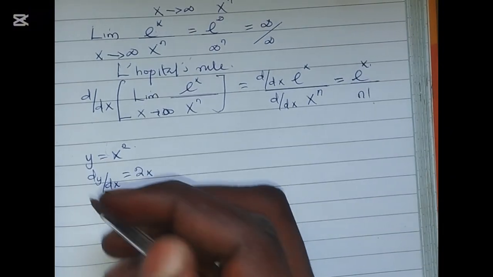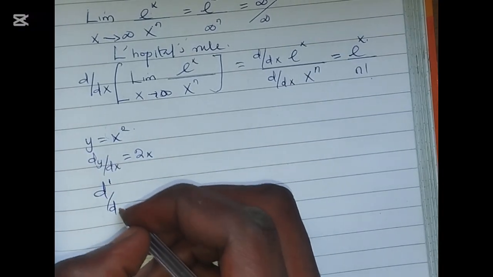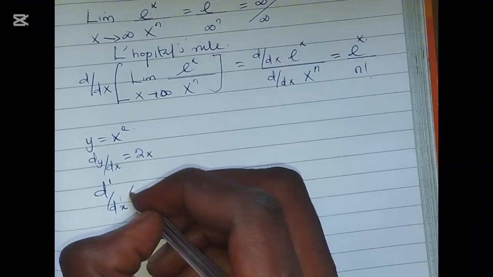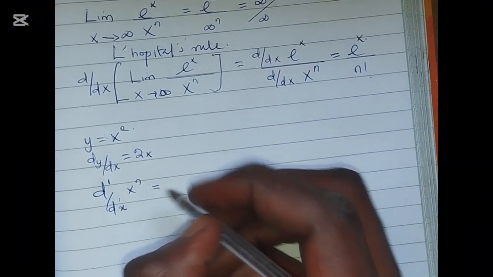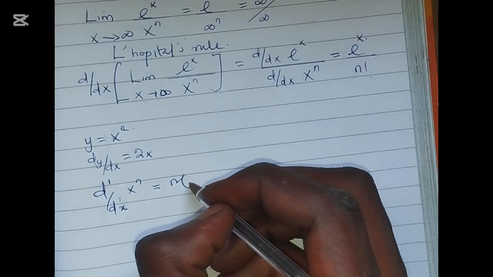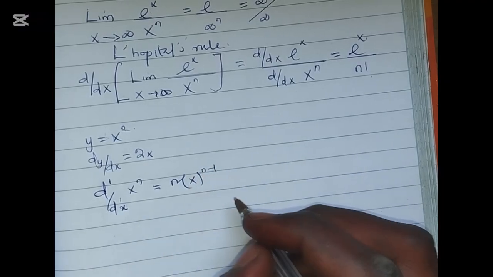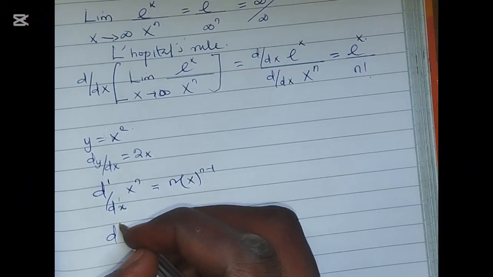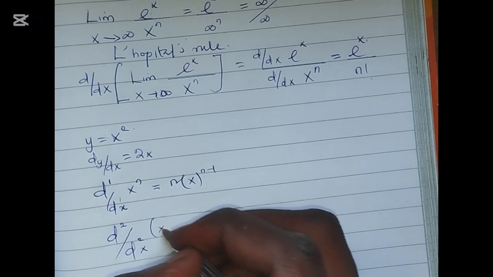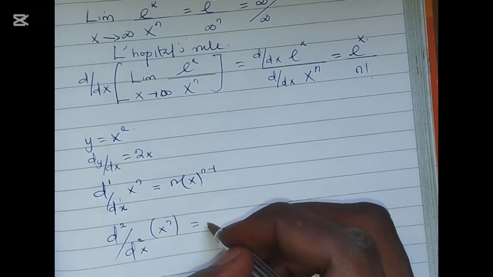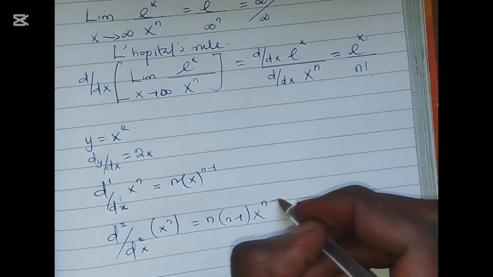Let's go. Now let's find the first derivative. The first one: d/dx of x^n gives n times x^(n-1), right? That's the first one there. And the second derivative is n times (n-1) times x^(n-2).